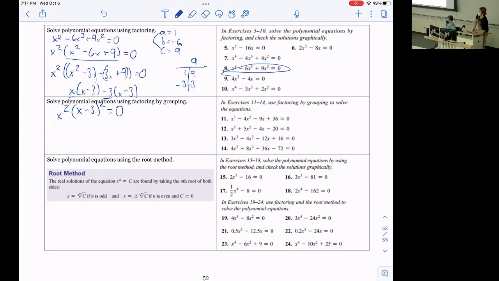We can solve those by setting them both equal to 0. So x squared is equal to 0, which means x equals plus or minus 0, but 0 can't be negative. So x is equal to 0. Same for x minus 3 squared, which is equal to 0. The square root of 0, we don't need the plus or minus. x minus 3 equals 0, and adding 3 on both sides, we get x equals 0 and x equals 3.